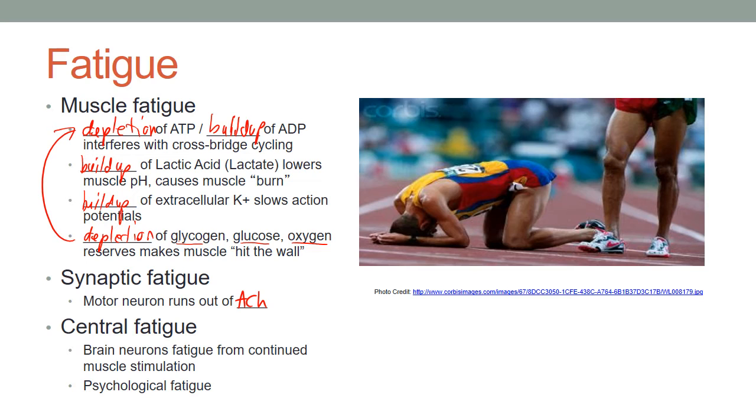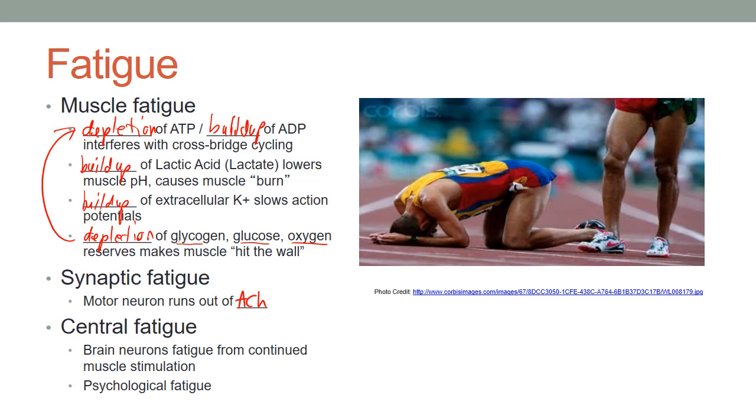And finally, there's central nervous system fatigue of two kinds. One is that the brain neurons themselves can simply run out of energy because they're continuously stimulating the same set of muscles, brain or spinal cord neurons.